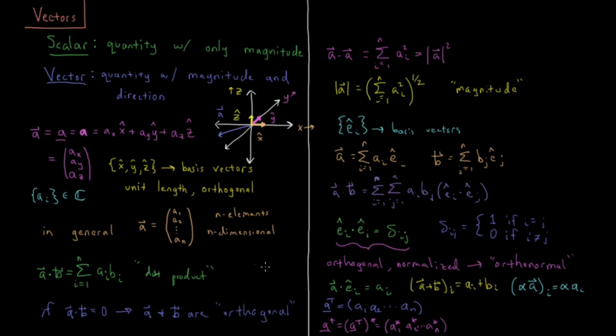Okay, and then in terms of matrix multiplication, which we'll discuss in the next video, a row vector times a column vector will give us a scalar back. I'll write down the notation here.